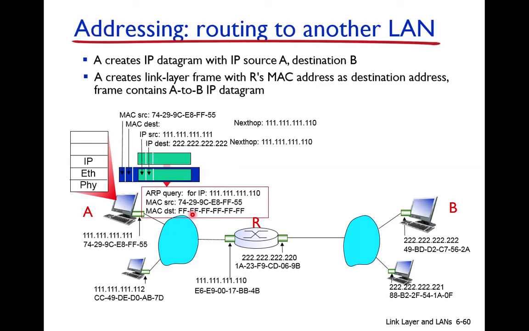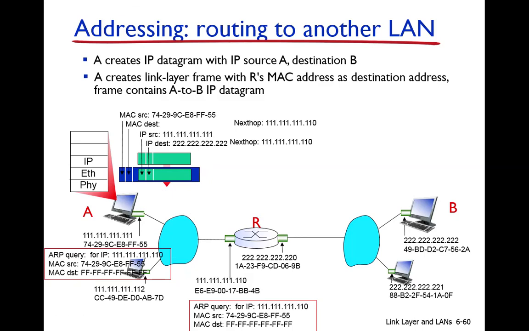So the MAC destination address of this message is broadcast. It is for everyone in the LAN. Now this message is broadcast over the LAN. It will be received by this node. This node will accept the message. Why? Because the destination address is broadcast, it is for everyone on the link, so it will accept it.